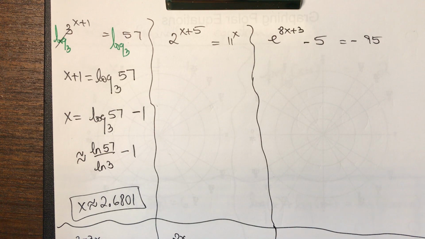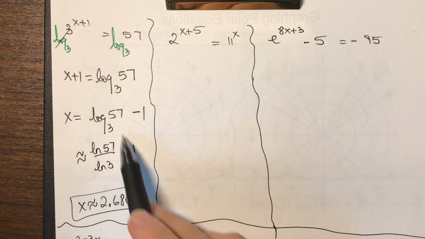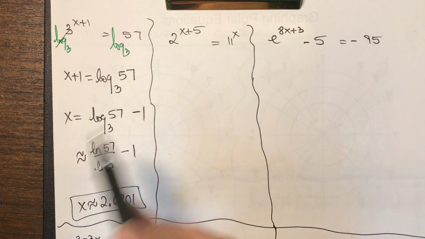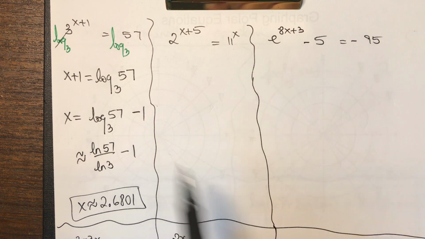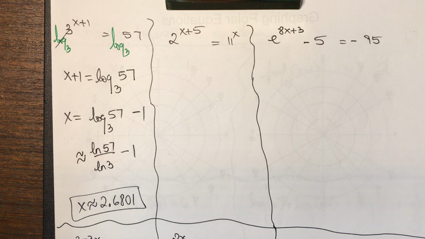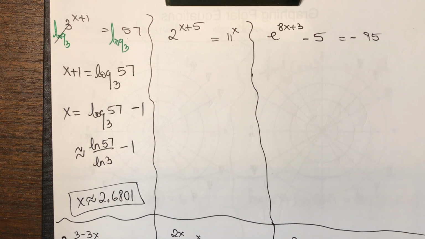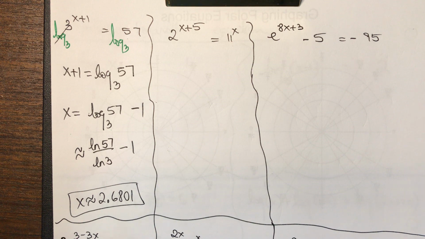But the last 2 problems we didn't have this luxury. So what did we have to do in the end? We had to use either the natural log or, by the way, the common log to put this in the calculator. So either way, you're going to have to use that natural log to solve this problem, right? So best thing would be to use it from the beginning.